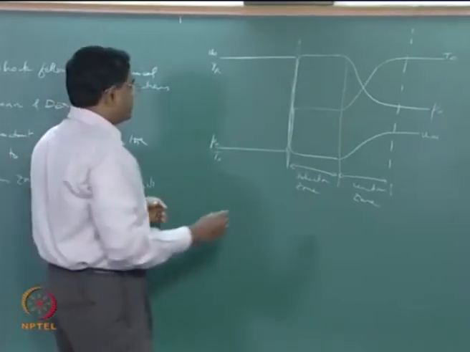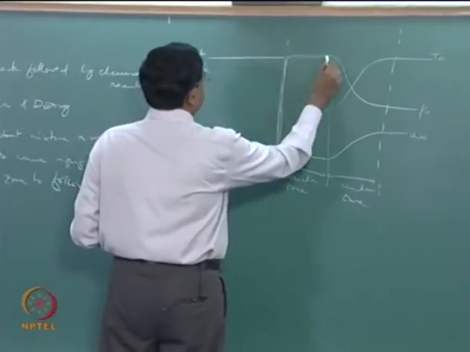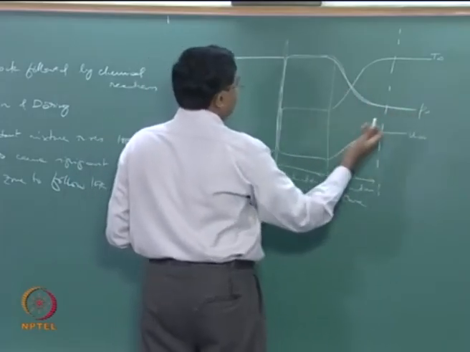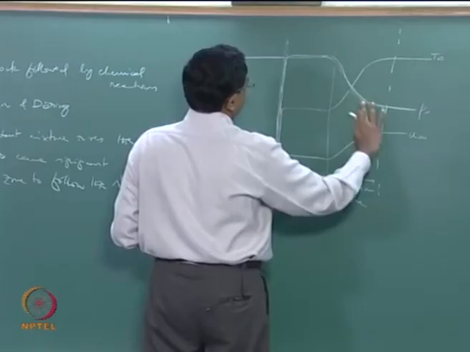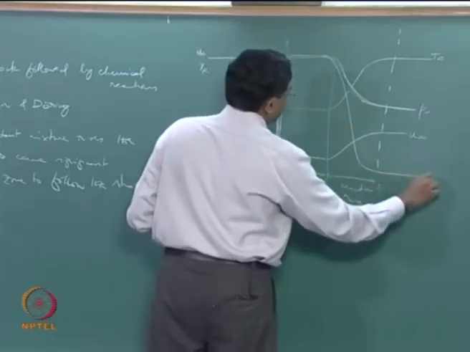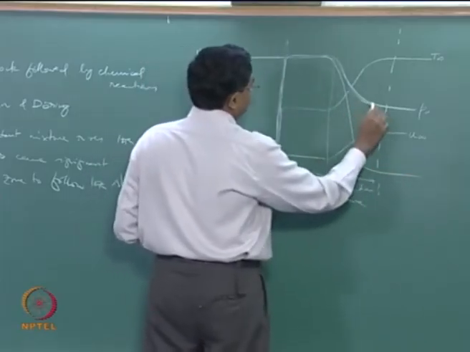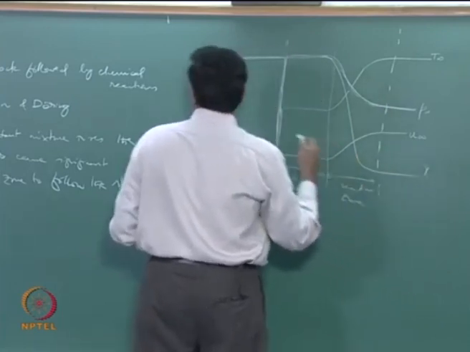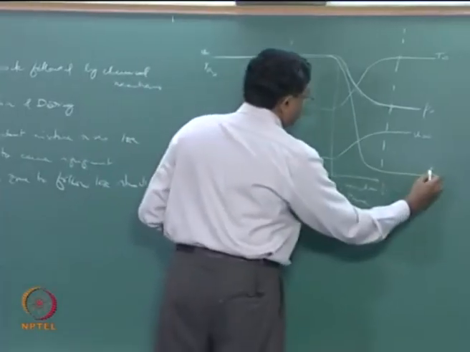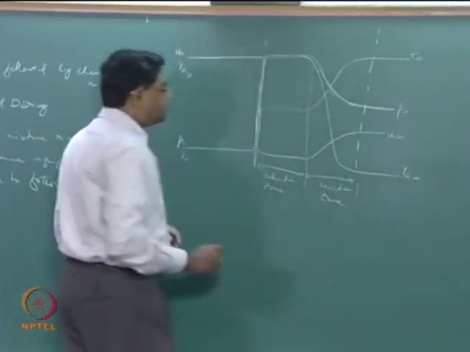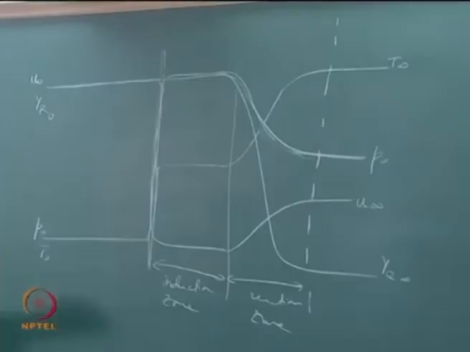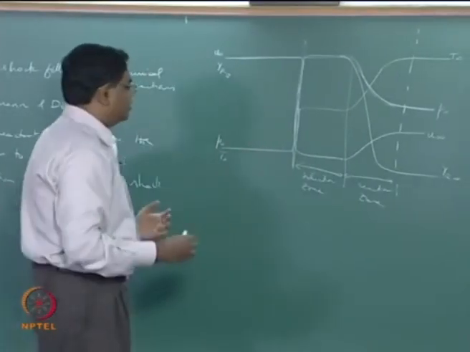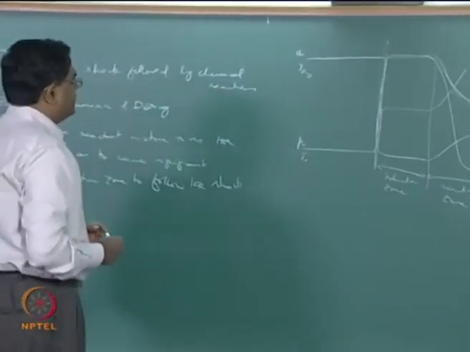So the reactant concentrations are pretty much remaining the same and begin to decay only, maybe you can look at the deficient reactant, go all the way down to 0 or a fairly low value. So you can say YR naught and then YR infinity. So this variation happens only in the reaction zone, it does not happen before that. So we begin to understand these kinds of things.